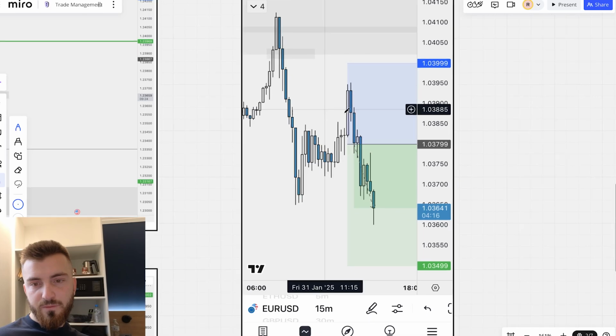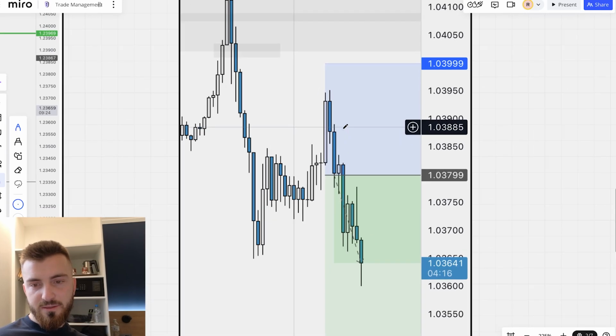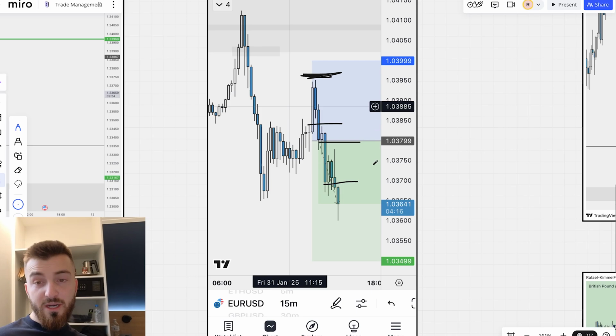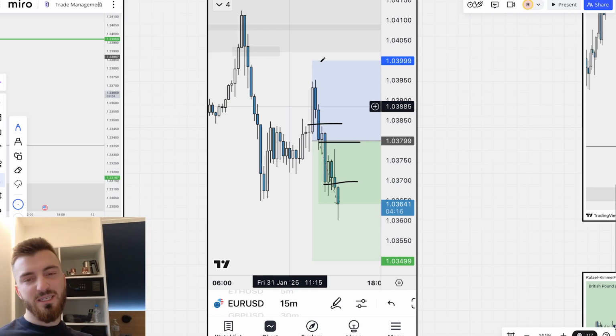Next one, right here. Where do you think my stop loss is? Well, 1, 2, and then 3. So my stop loss is all the way up here still. So the trade is already running 1 hour. I'm still at -1. I don't care. Because between this high and here, it's basically nothing.